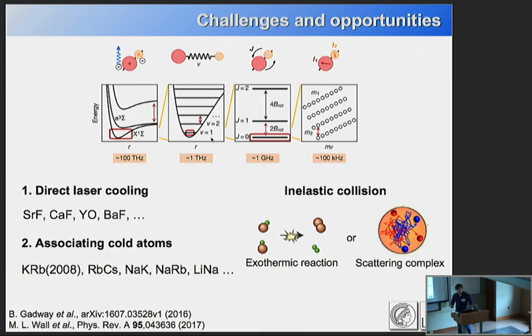Just recently, Jila achieved a degenerate Fermi gas of molecules. That's a really exciting moment. There are a lot of unknown questions, like the inelastic collisions, because of chemical reactions or sticky complexes, so I will not talk about this too much. I just want to address how to manipulate these rotational states for quantum simulation and computation.